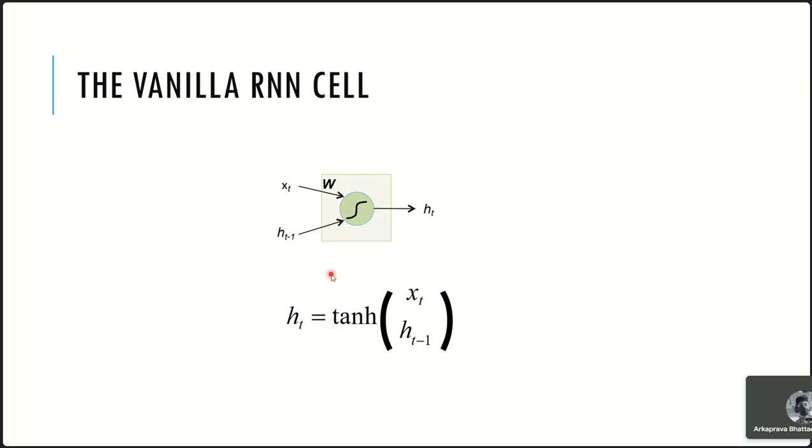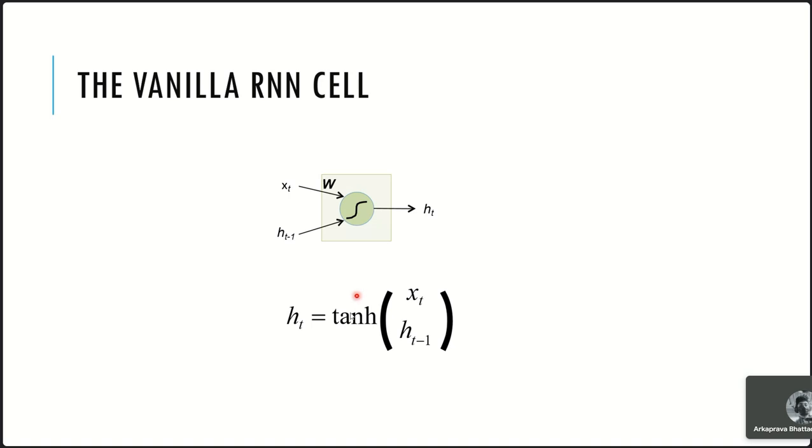TANH function gives you a value between -1 and +1. And TANH is mainly used for giving importance to the words. +1 meaning highly important, -1 meaning less important.